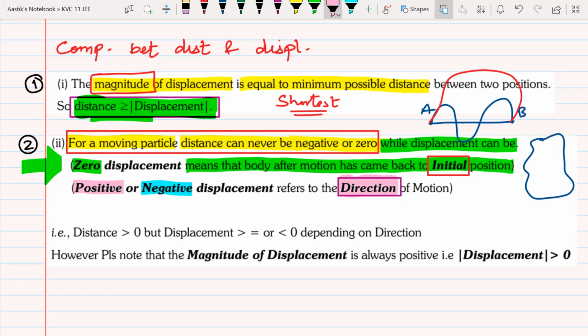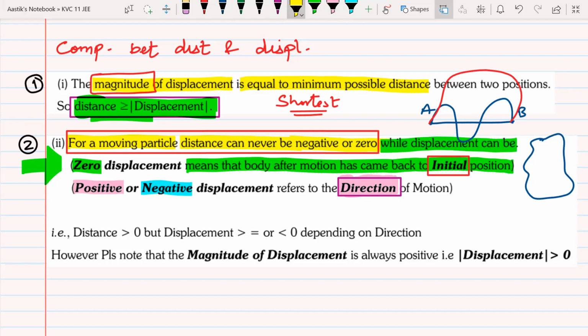Depending on your direction of motion, you can call displacement positive or negative. So whenever someone uses the term positive or negative displacement, he is referring to its direction. Remember, positive or negative displacement refers to its direction.